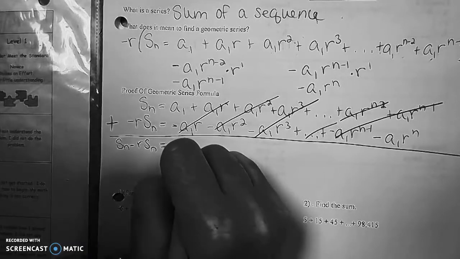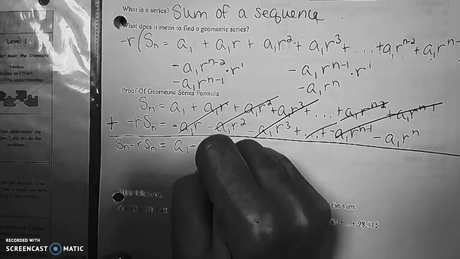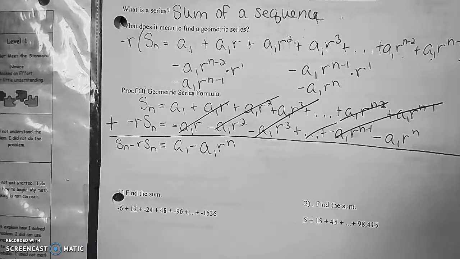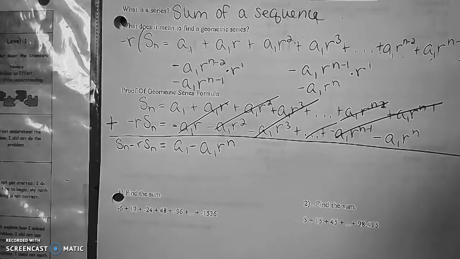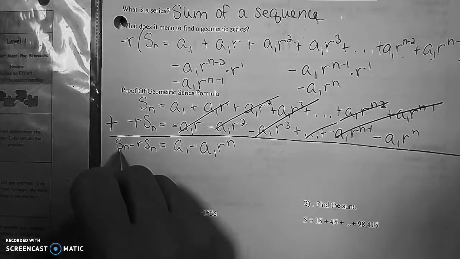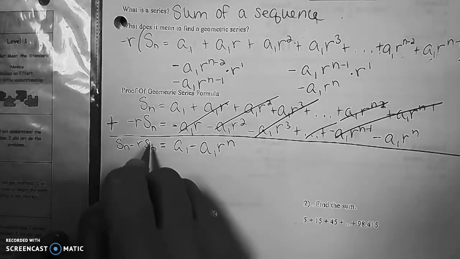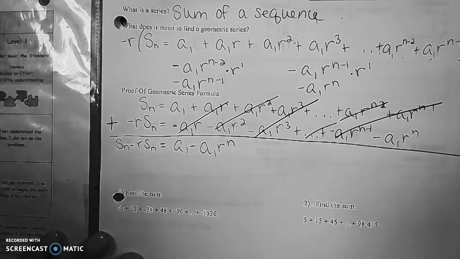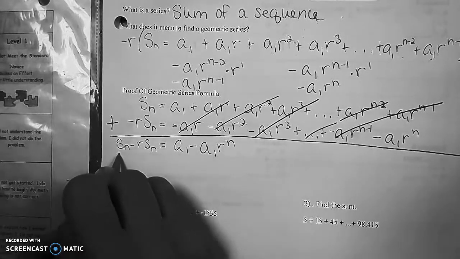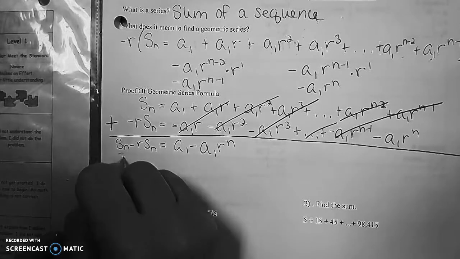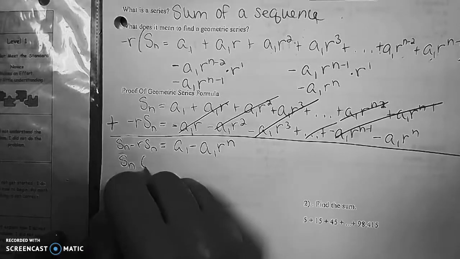We're left with A sub 1 minus A sub 1 R to the n. Now, what is my goal? My goal is to find the sum, so I need to solve for S sub n. I notice these two terms have S sub n in common, so I'm going to factor that out.